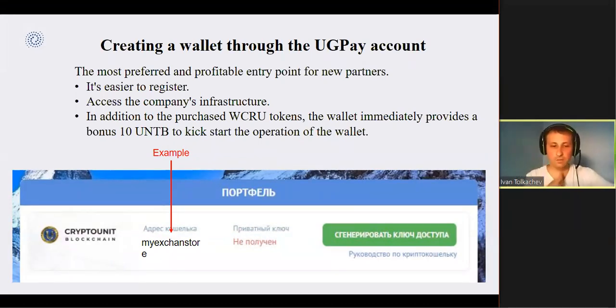If you bought World CRU tokens, then you will find the same field with the address and the button. You generate the key phrase, you generate the wallet, and in addition to the World CRUs you bought in your wallet, you will get 10 UNTBs that will ensure the operation of your wallet for some time.